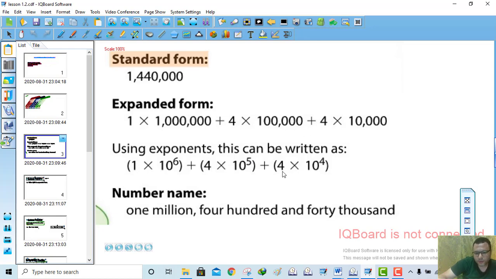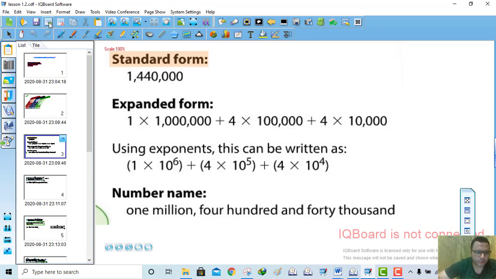Plus this 4 will be multiplied by 10, but to the power of 4. So this number is 1,440,000.